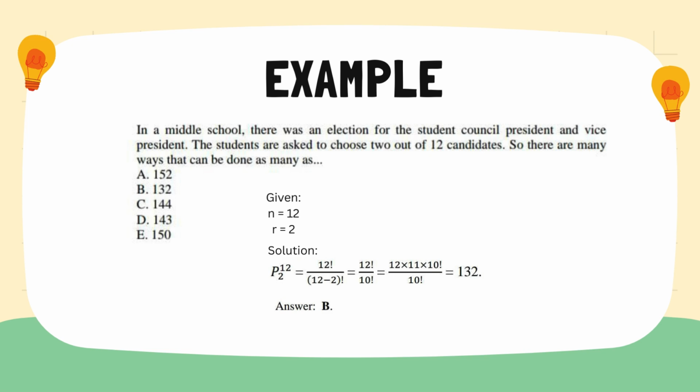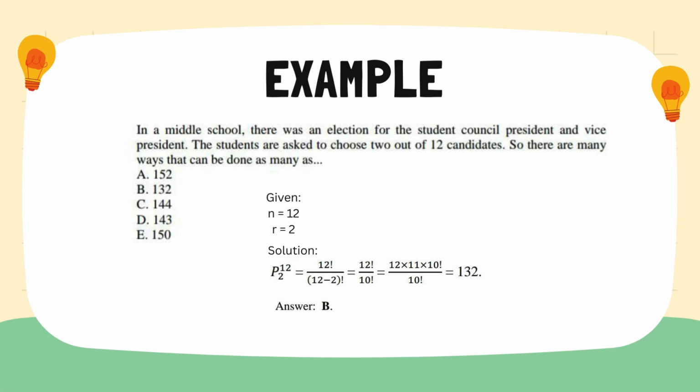We have n equals 12 and r equals 2. So we just use permutation notation. We have 12 permutation 2 equals 12 factorial over 12 minus 2 factorial, equals 12 factorial over 10 factorial. And like this we have 12 times 11, that is 132. So the answer is B, right?